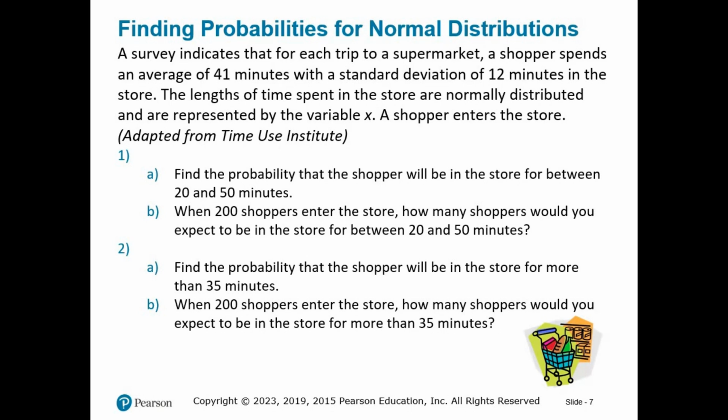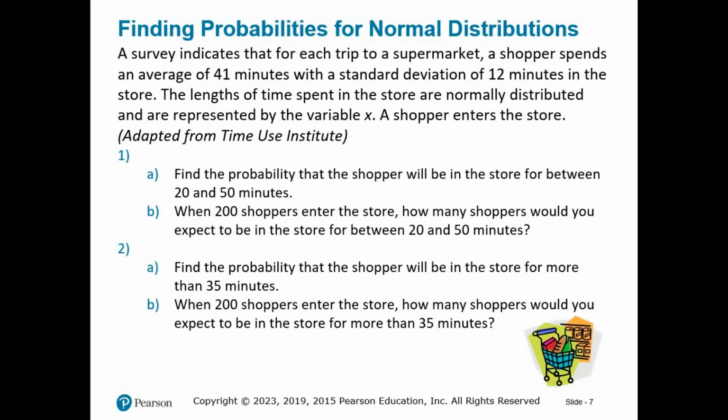When 200 shoppers enter the store, how many shoppers would you expect to be in the store for between 20 and 50 minutes? Then find the probability that the shopper will be in the store for more than 35 minutes. And then consider, when 200 shoppers enter the store, how many shoppers would you expect to be in the store for more than 35 minutes?